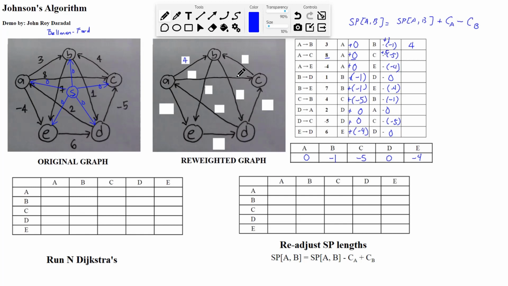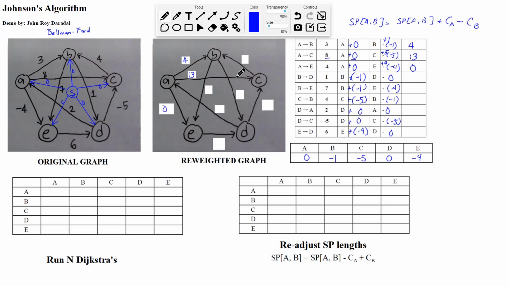So 8 plus 5 is 13. So AC would be 13. It's here. Okay. AE, we have negative 4 plus 0 minus negative 4. So this is actually plus 4, right? So negative 4 plus 4, AE would be 0.